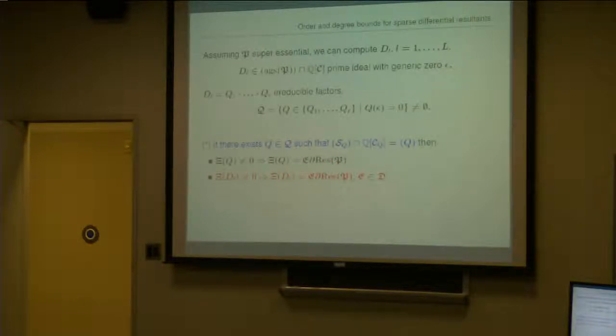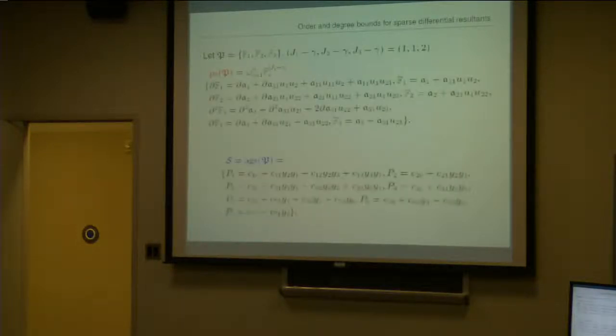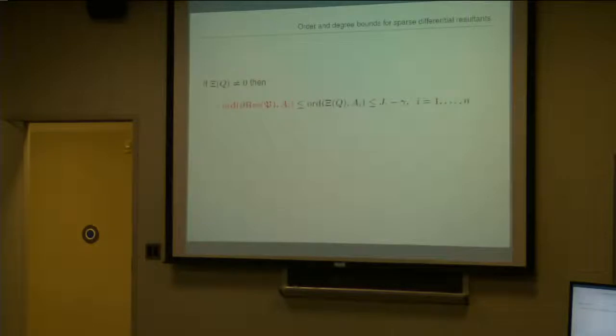And there's more study to decide exactly who is the support of the differential resultant, because here it is obtained from the algebraic case to this specialization, but what happens in between is not totally controlled. So there's more work to do to decide on what is exactly the support.